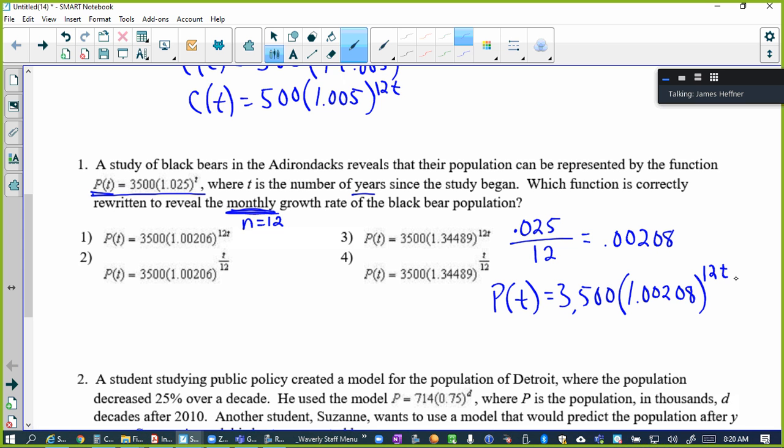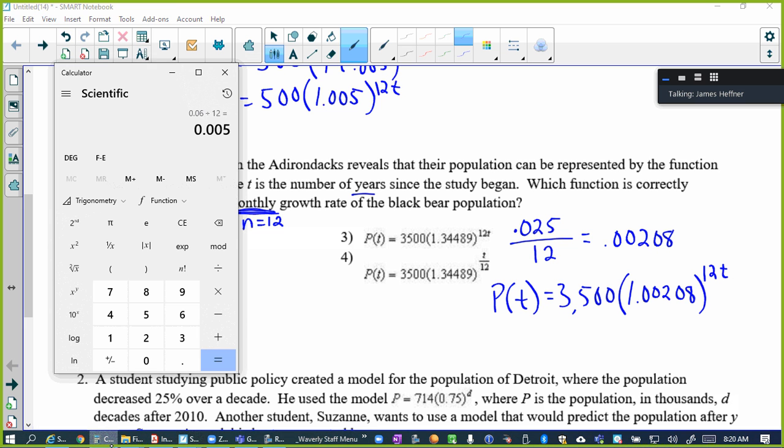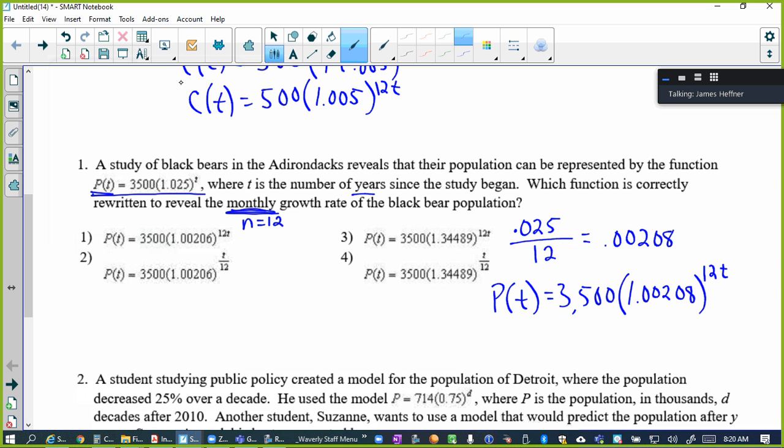Should that be 08 at the end there? Anybody check that? Let me just look and see. 0.025 divided by 12 is 0.0208. I think they have a typo in their thing here. So it should be like choice 1, right? This 6 here, that should be an 8. You guys agree with that? Little typo.